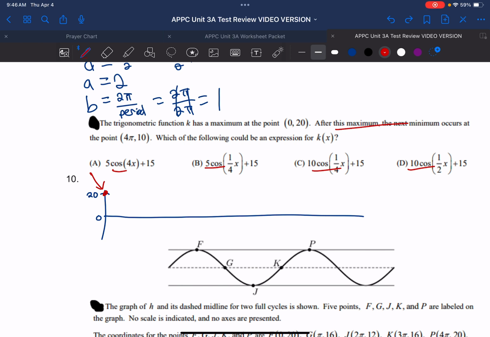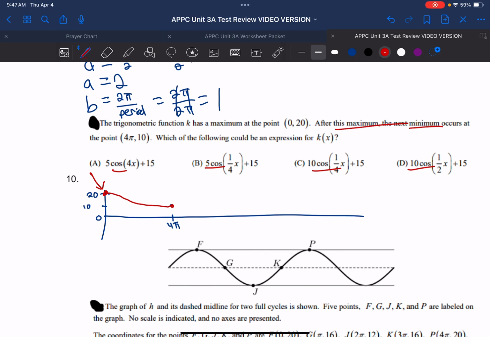But moving on from there, my next minimum occurs at 4 pi, comma 10. So we'll say 4 pi is out here, comma 10. Similar to another problem that we did earlier.